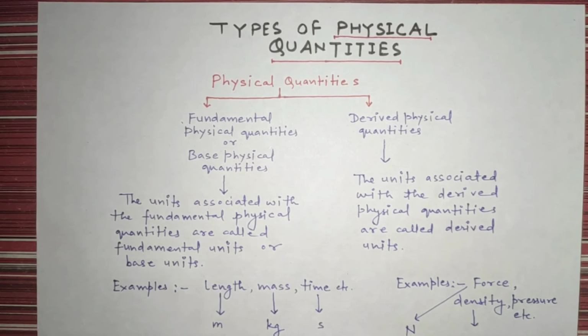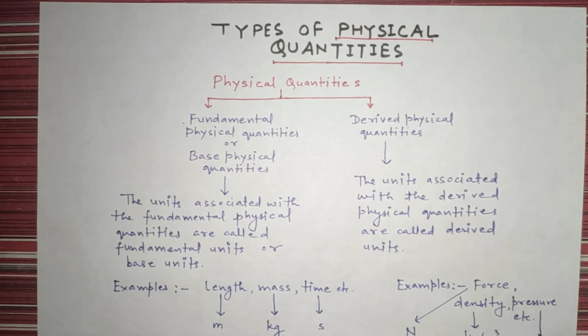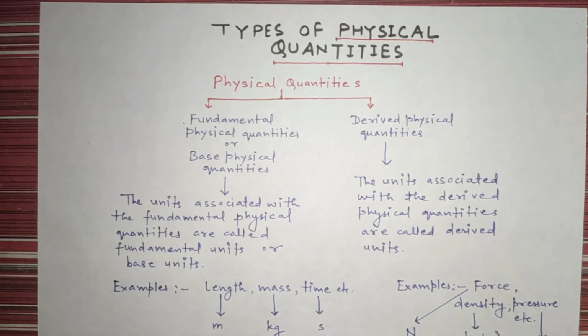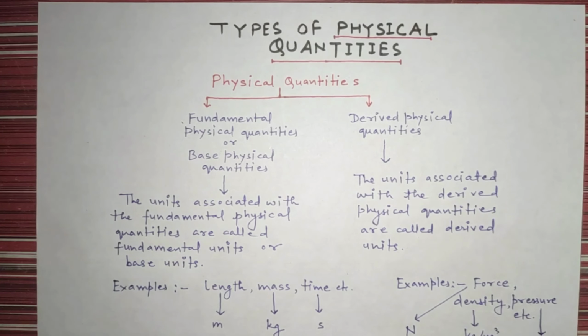For density we can write kg per meter cube. For pressure, Pascal. And what can we write here?